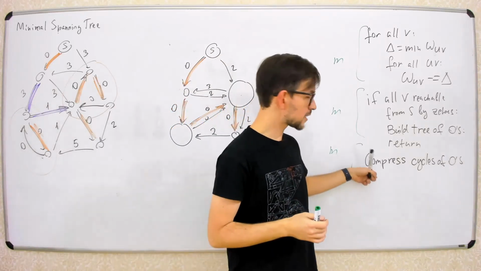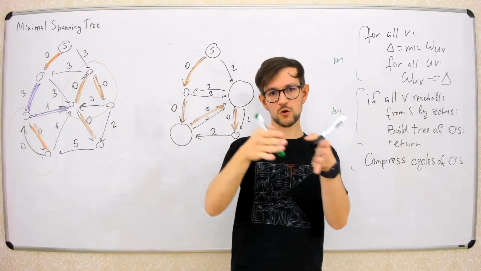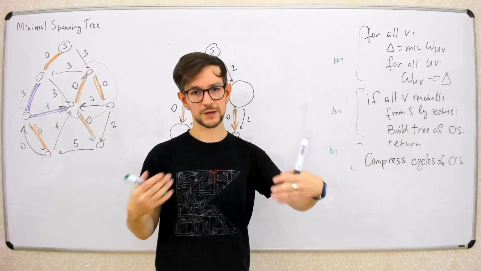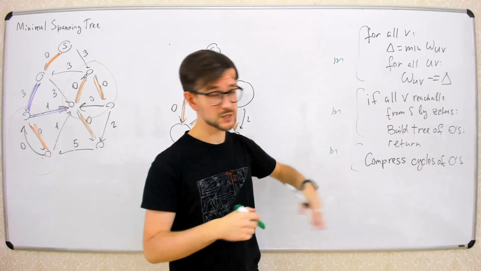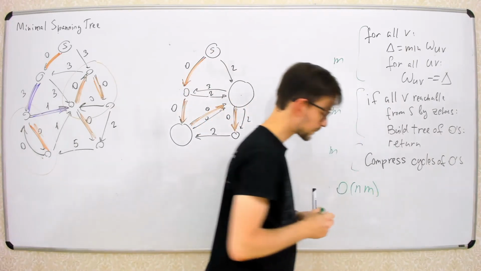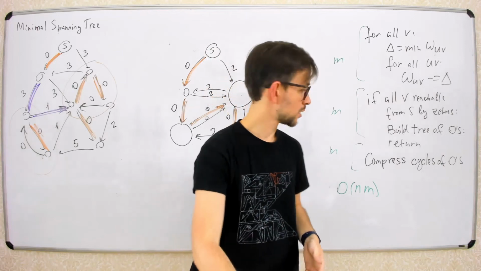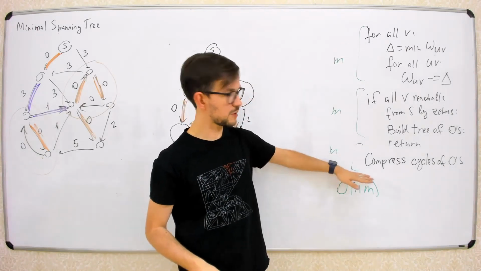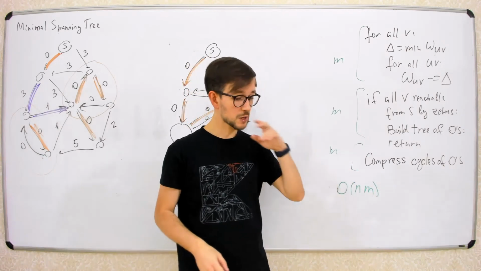And when you compress cycles, you reduce the number of nodes in your graph. You can't reduce the number of nodes more than n times. So if you just apply it like this, the time complexity will be n times m. So a very simple implementation of this will give you this time complexity.